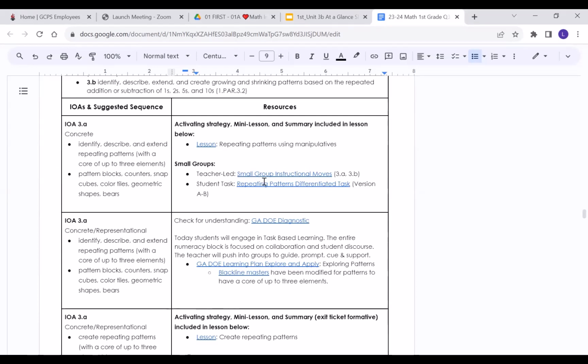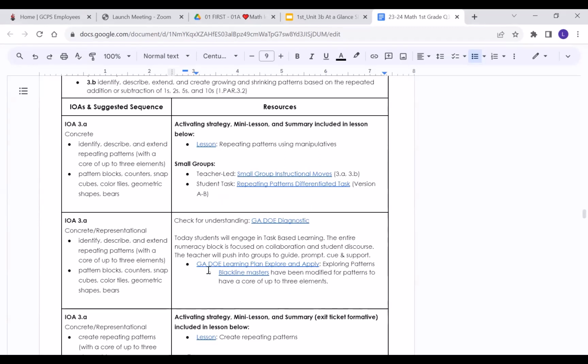You will either see instructional resources linked for the numeracy components of a traditional teacher-led lesson, like the first day of the unit here, or a task-based lesson, which will be your full numeracy block for that day. Notice the second day of the unit.